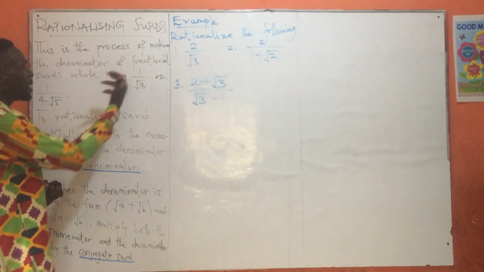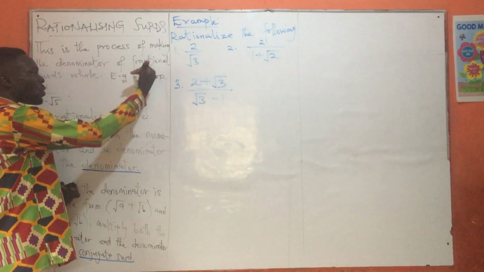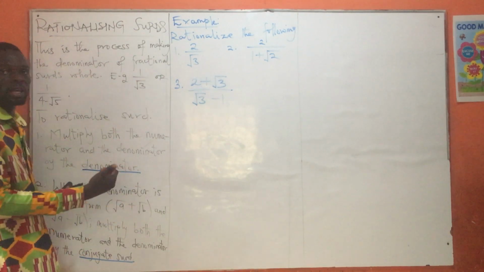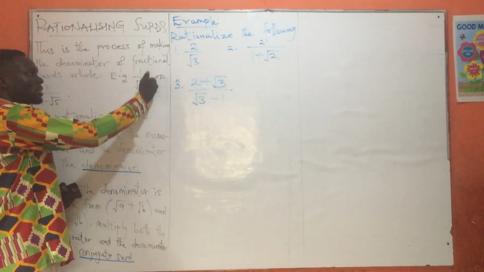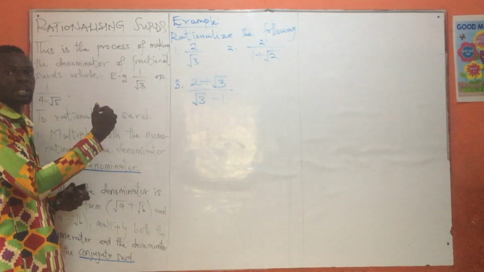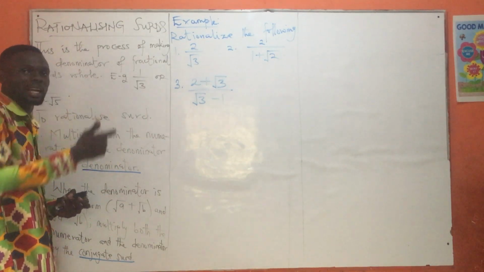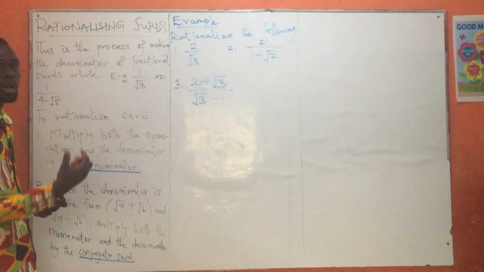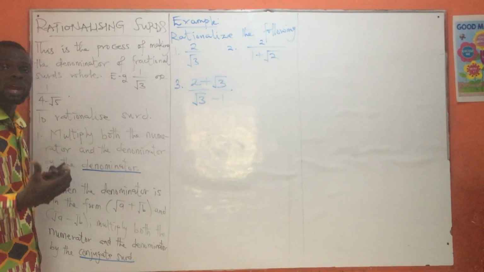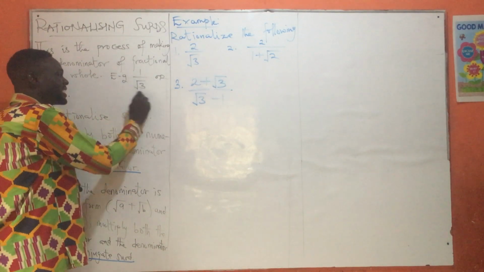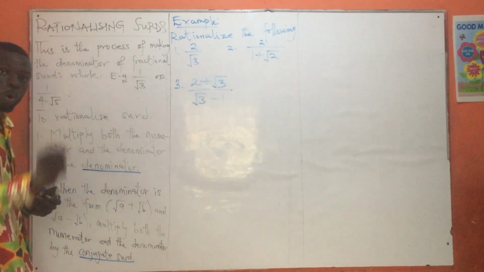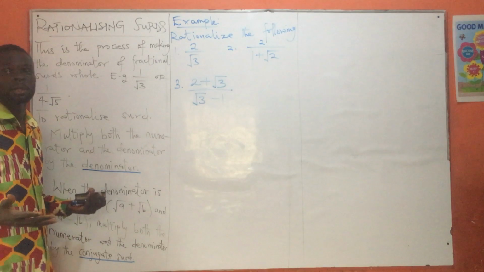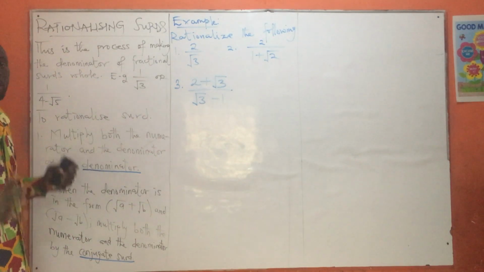Okay, so an example, this is a fractional surd, 1 over root 3. Now with this fractional surd, we have to rationalize it. To rationalize it simply means we are going to find the possible ways and means to let the denominator be a whole number, or a rational number.